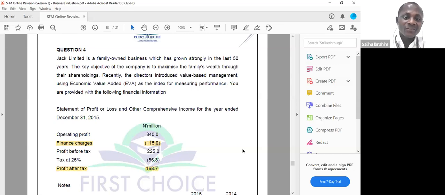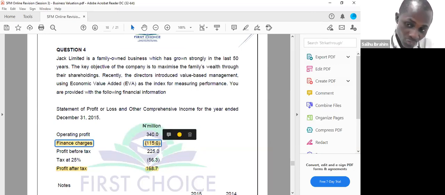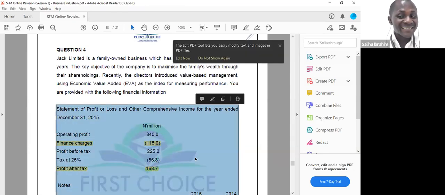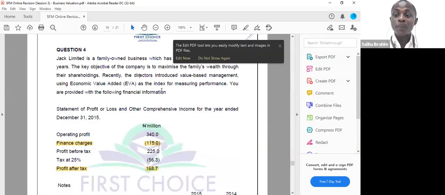But I only paid tax on 340 minus 115, which is 255. So I have to go back and compute additional tax on that finance cost, because the profit I'm now using is operating profit, which includes the finance charge.